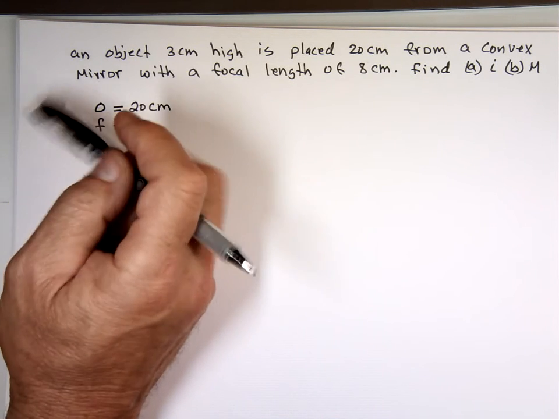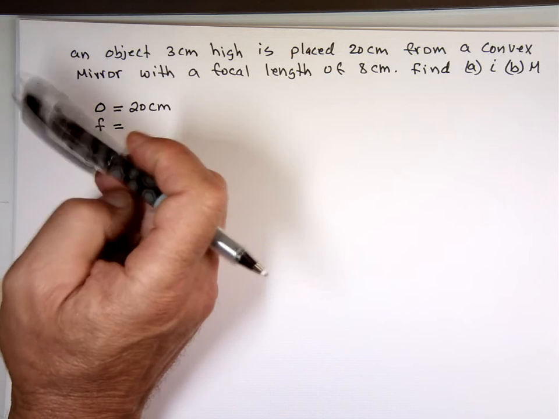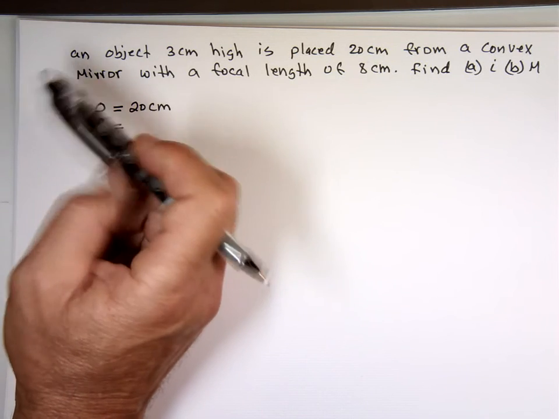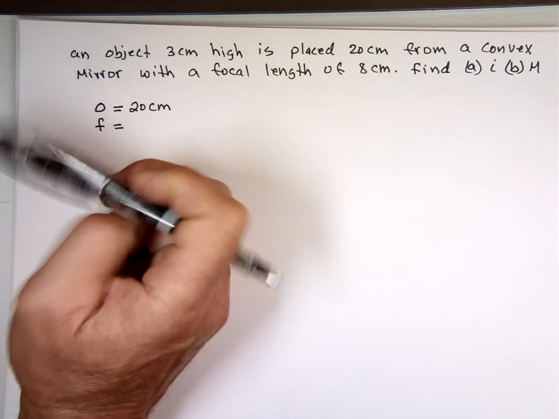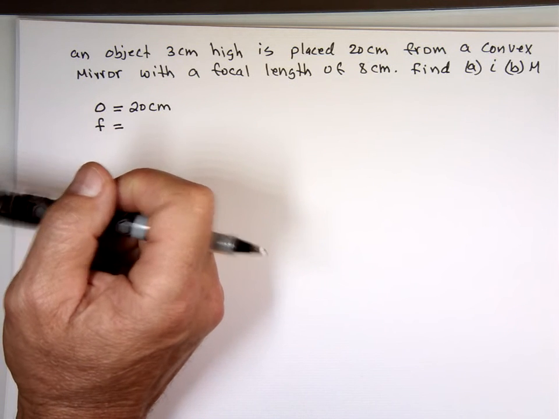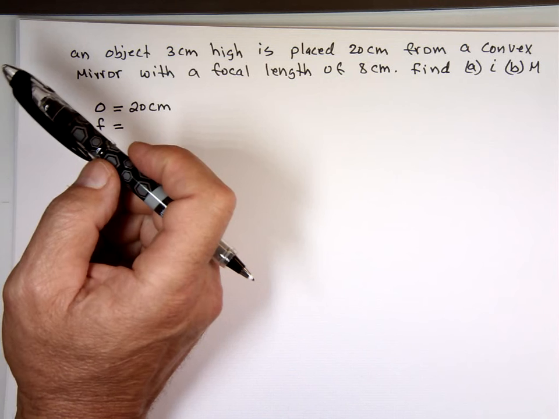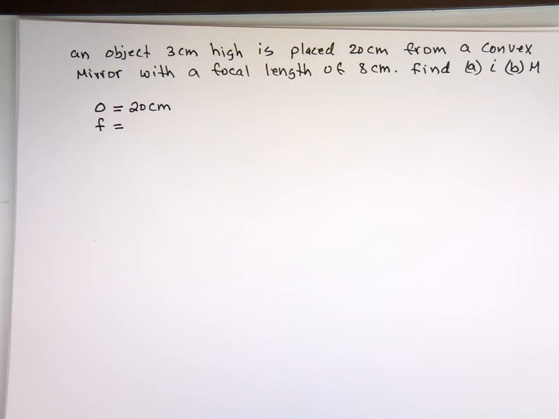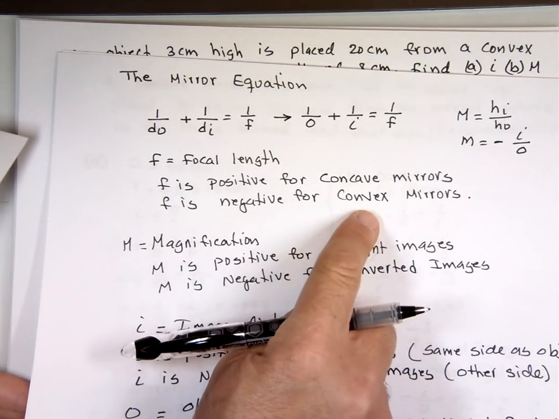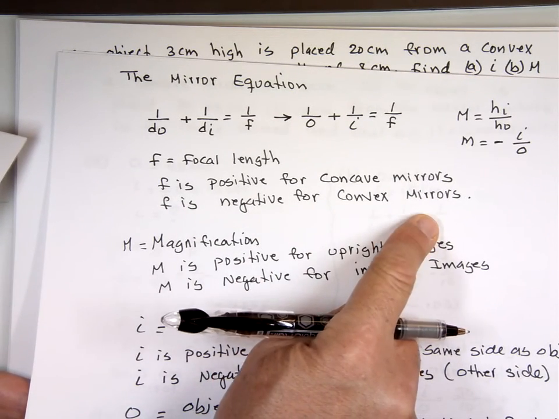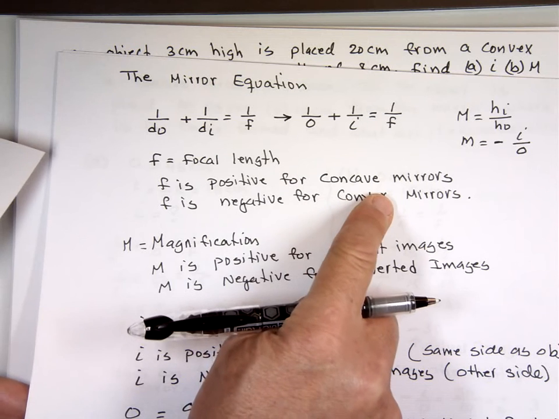Try again. Negative 8. Notice that I didn't tell you that. Where's my summary sheet? Focal length is negative for a convex mirror, positive for a concave mirror. So that's how they'll get you. F is negative 8.